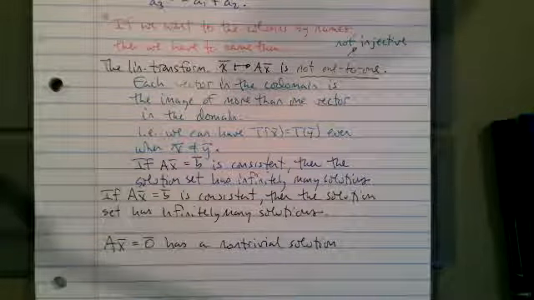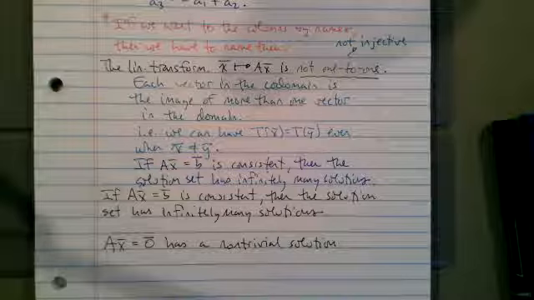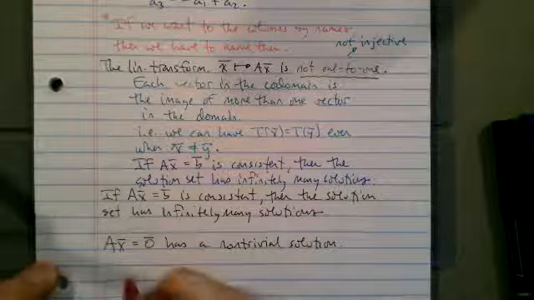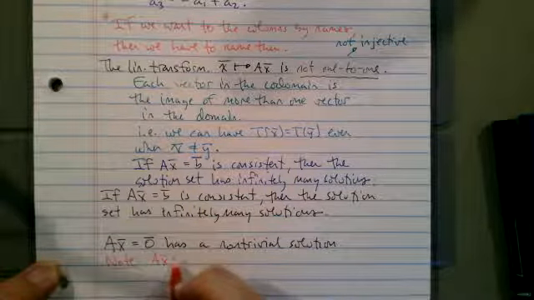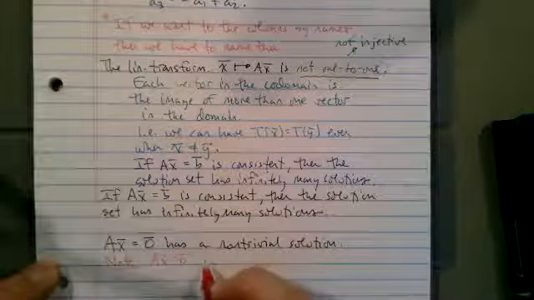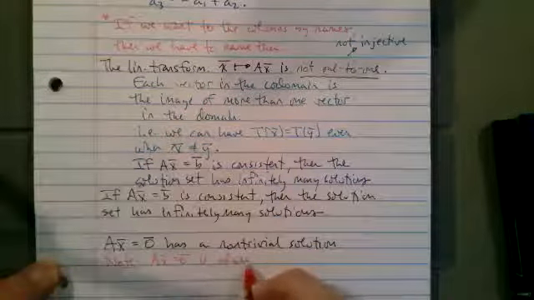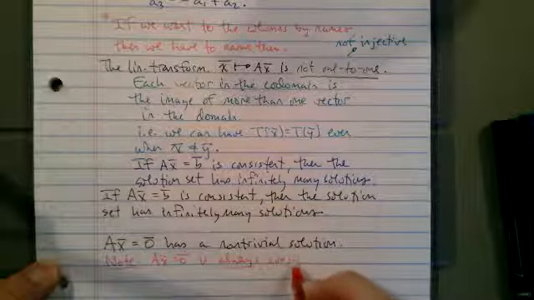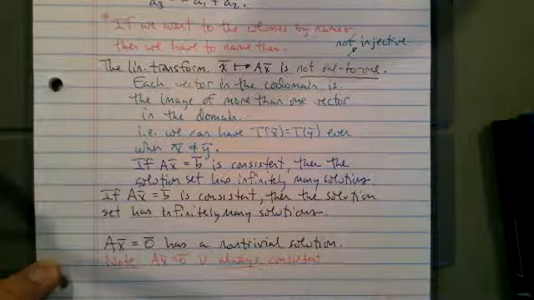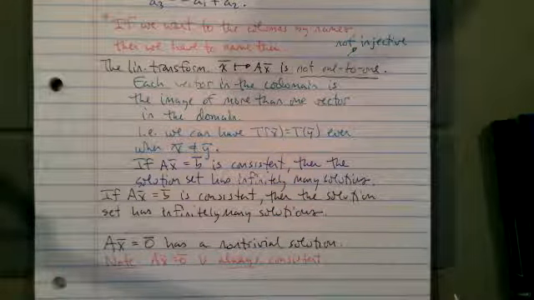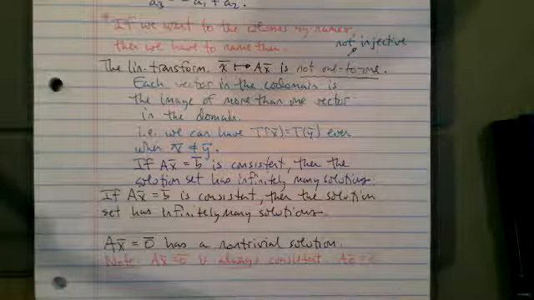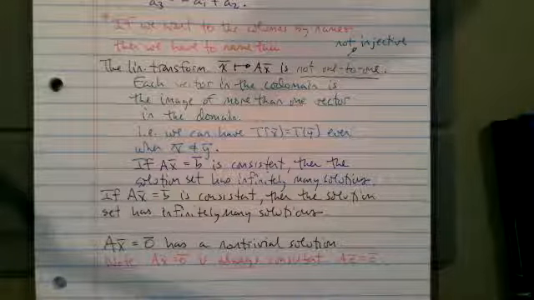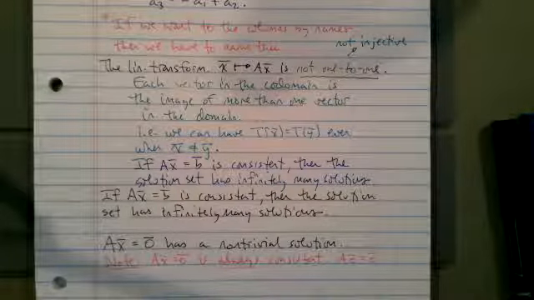The thing that we want to note here is that Ax = 0 is always consistent. A times 0 always equals 0. Ax = 0 always has the trivial solution.